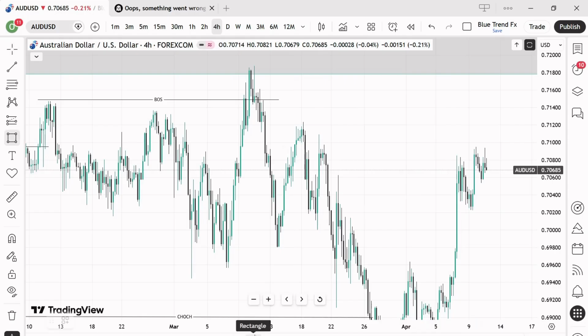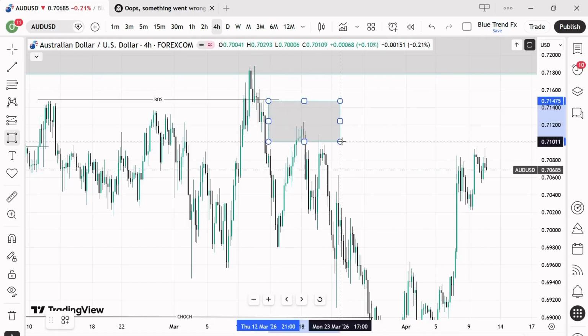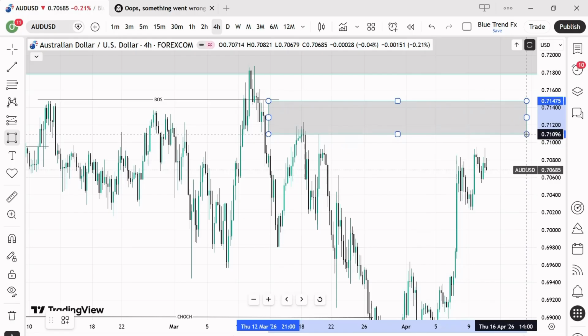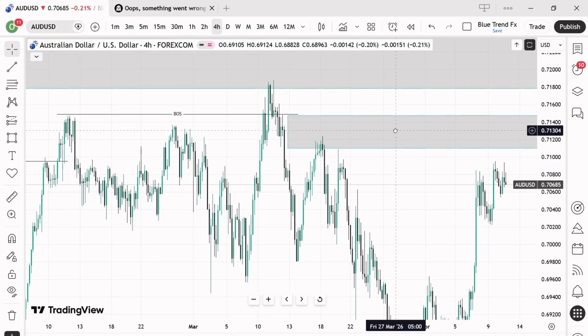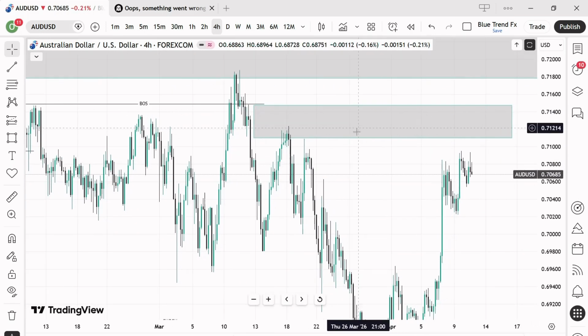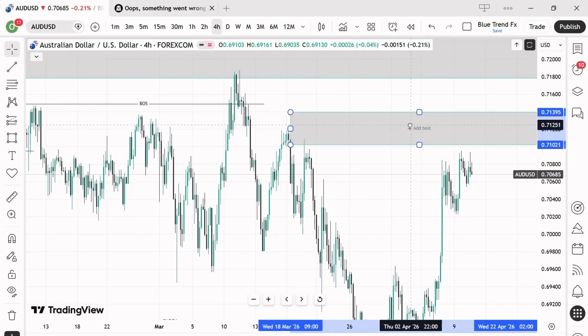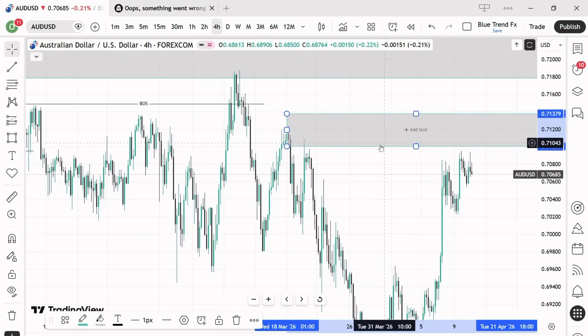So on 4 hours, we can see market is actually reacting from this key level right here.